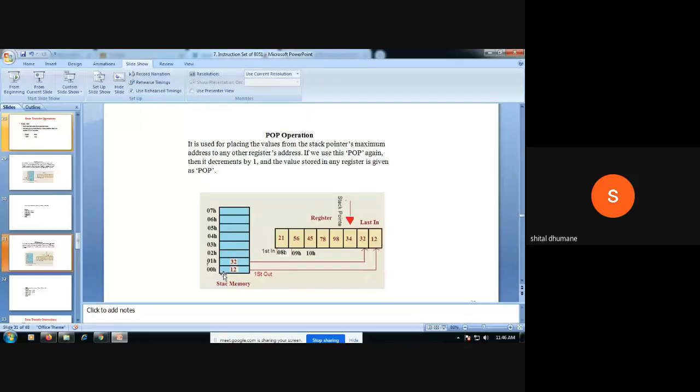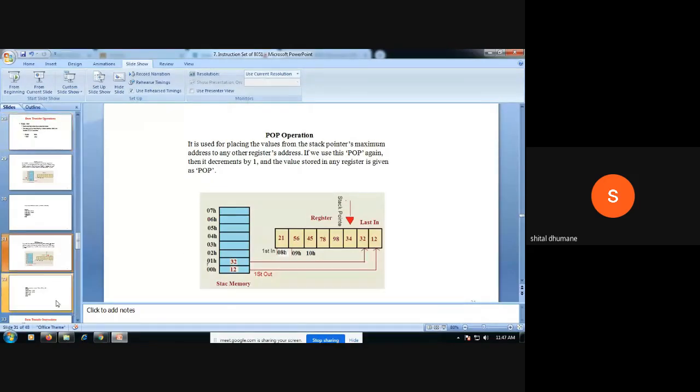Okay, then your stack pointer is decremented by 1. The 01 will first get loaded into the 32, and then your 12 will get loaded into the last in memory location.